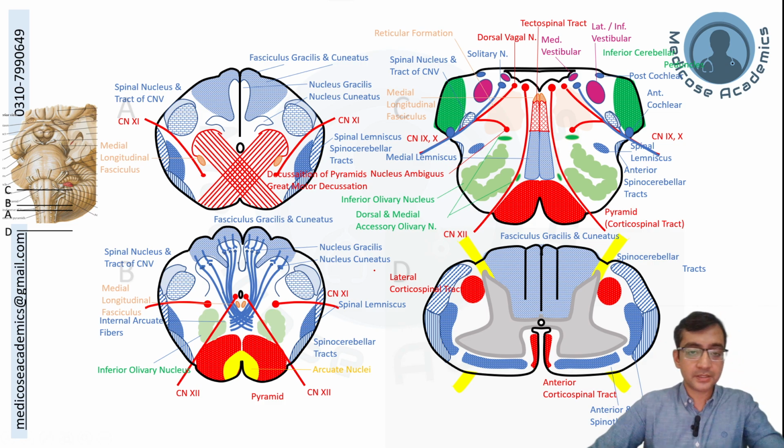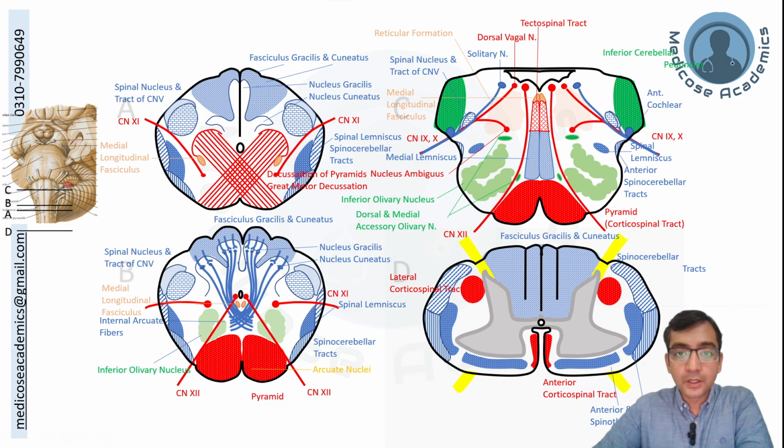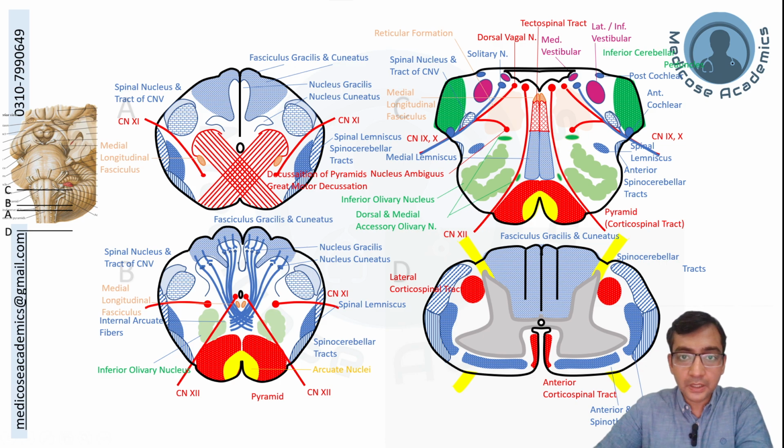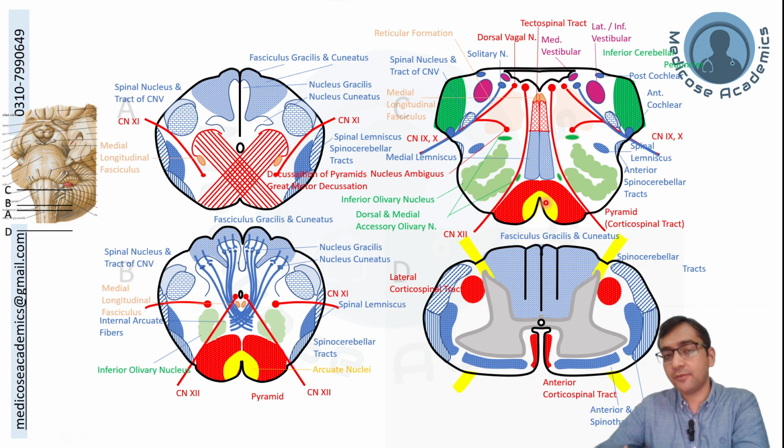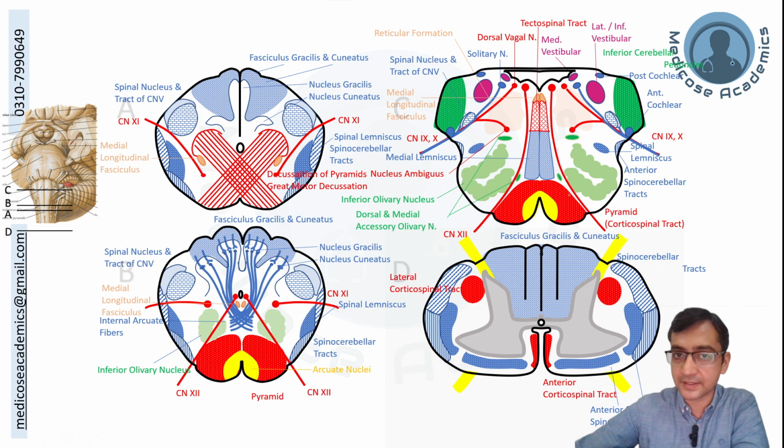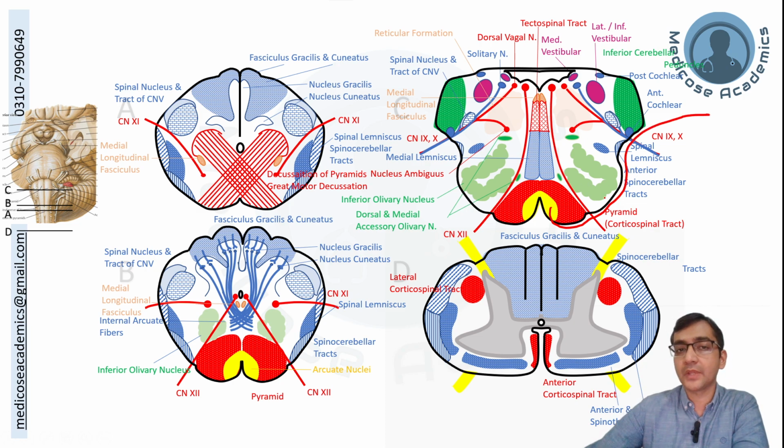By the way, these nuclei are majorly seen on the upper part of the medulla rather than the lower part. The pontocerebellar fibers, or these fibers coming from the arcuate nuclei on the way to the cerebellum, go in one of two ways. Some fibers exit from the anterior surface, and along the surface they go all the way till they reach the cerebellum.